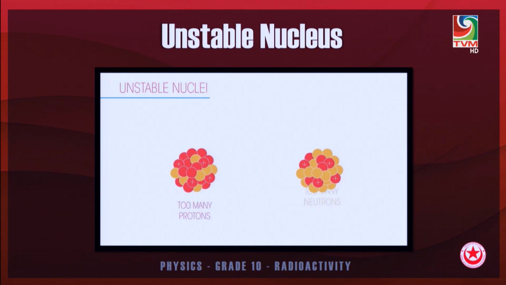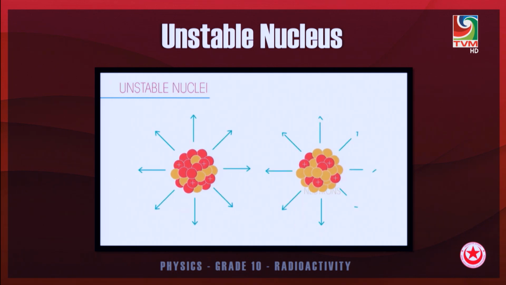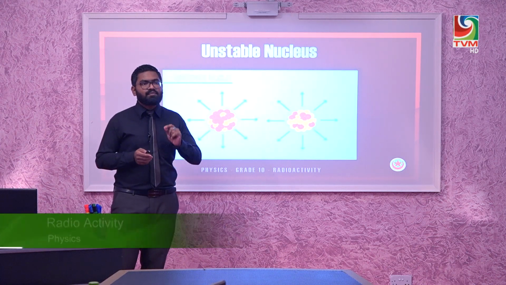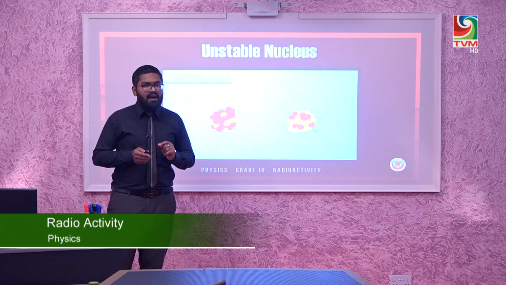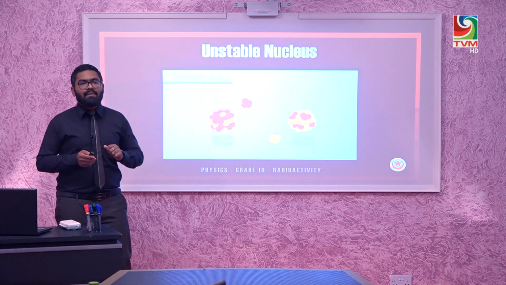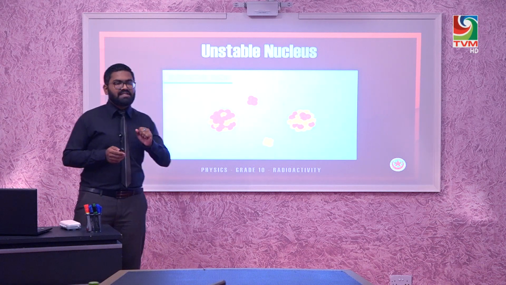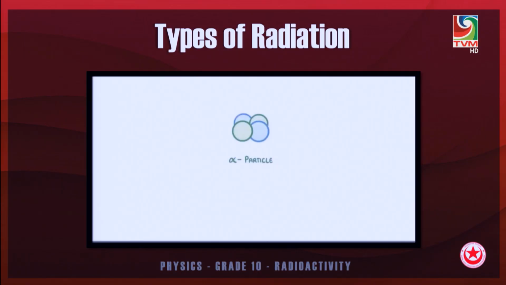What is radioactive decay? Radioactive decay is a spontaneous process by which an unstable nucleus emits radiation and tries to become stable. This process is called radioactivity. There are three types of radiation that it emits: alpha, beta and gamma.